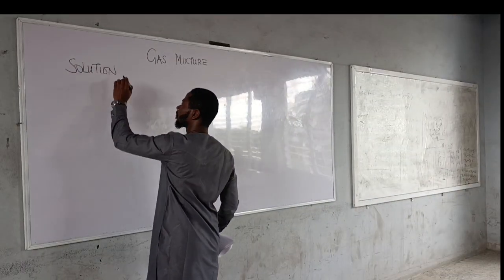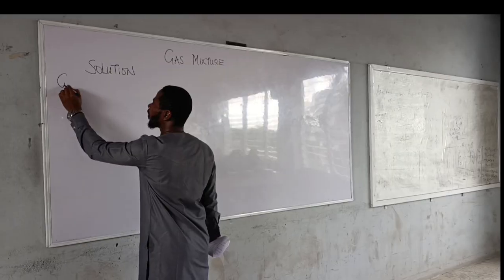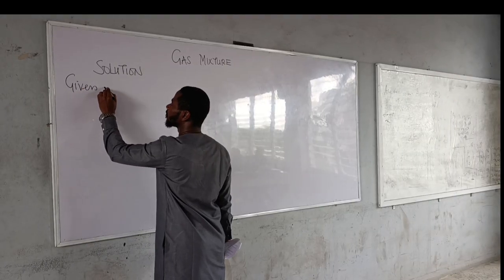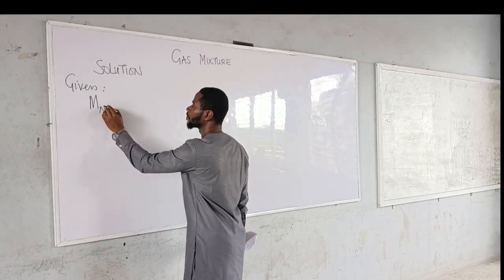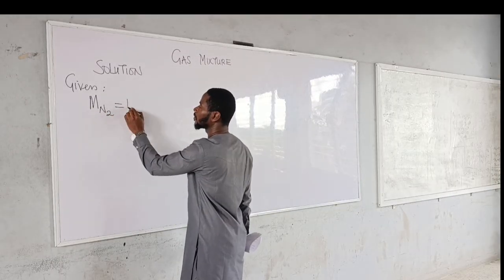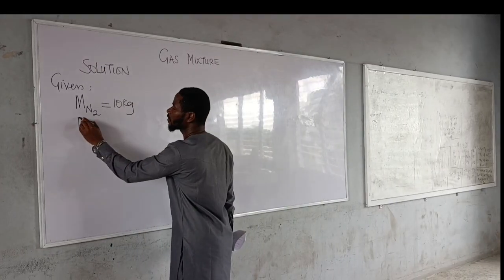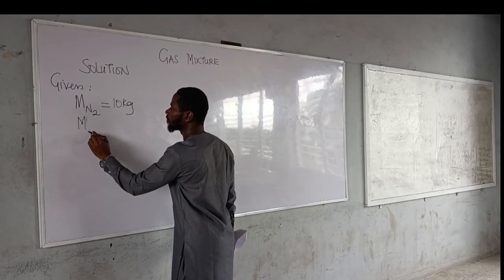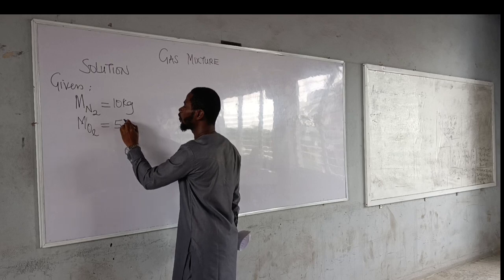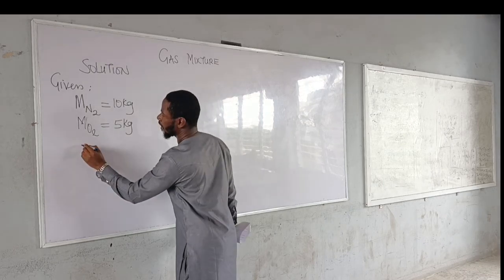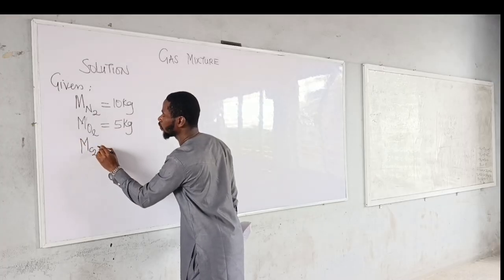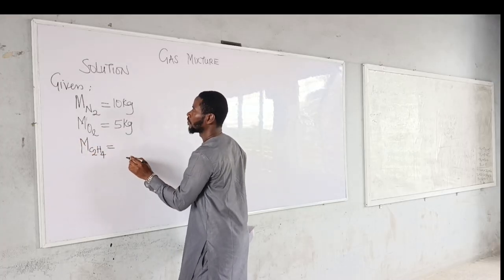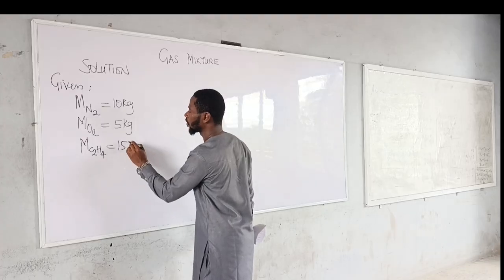Now, solution. The given data in the question: mass of nitrogen is 10 kg, mass of oxygen is 5 kilograms, and mass of C2H4 is 15 kilograms.